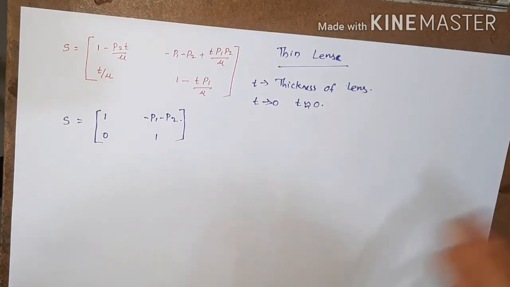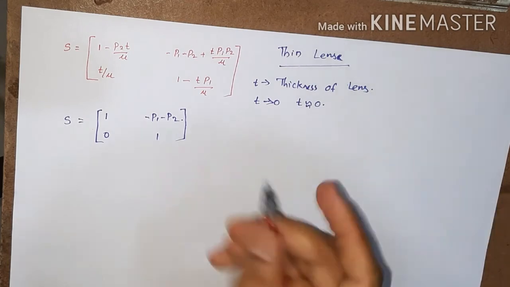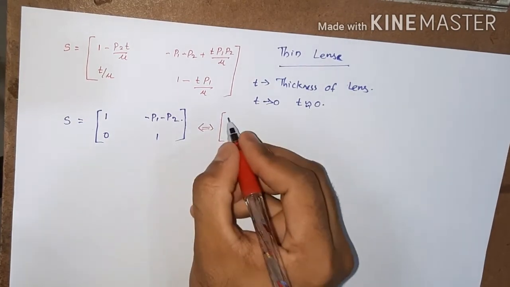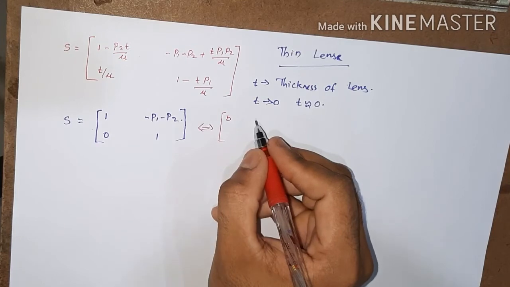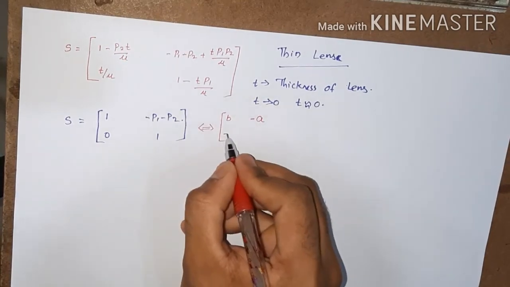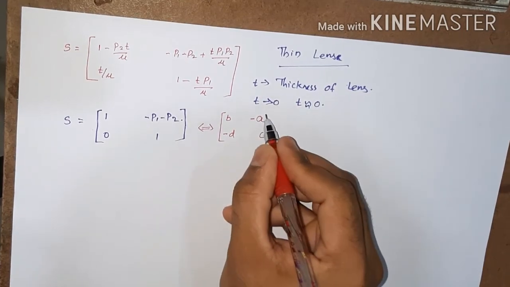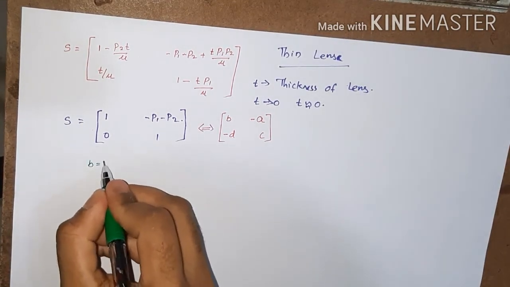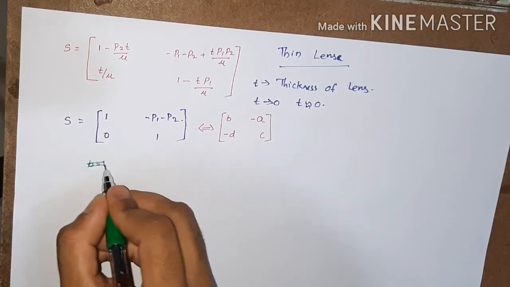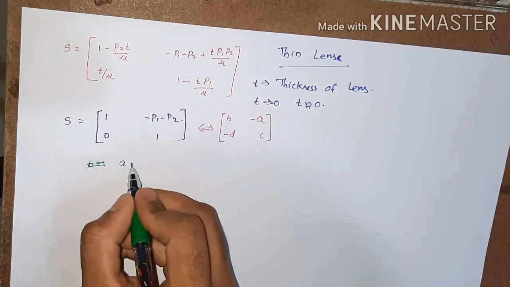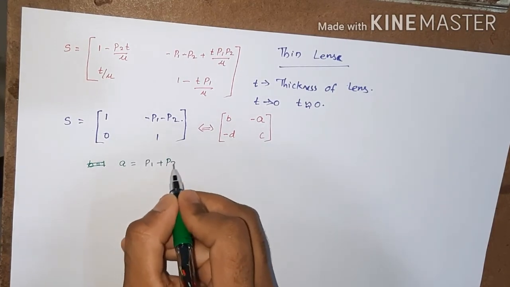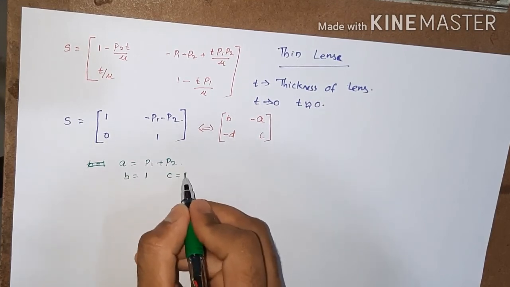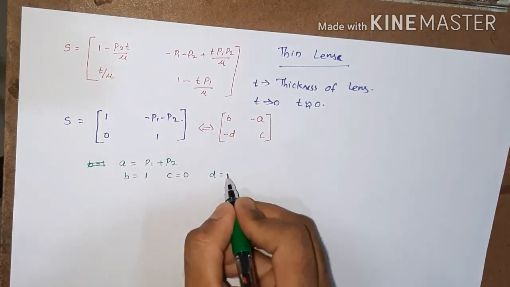So from this again I am comparing this system matrix of a thin lens with the actual notation, the system matrix of an optical system: A, B, C, D. So I can write the values of the Gauss coefficients: A is equal to p1 plus p2, B is equal to 1, C is equal to 0 and D is equal to minus 1.